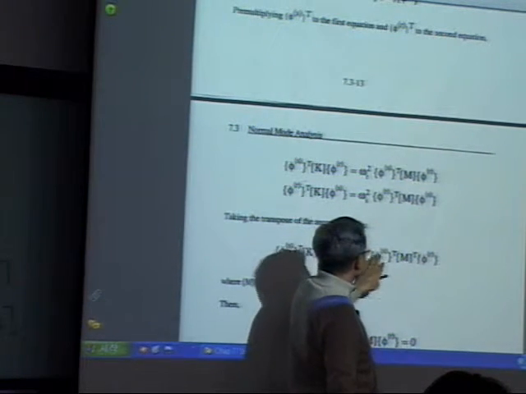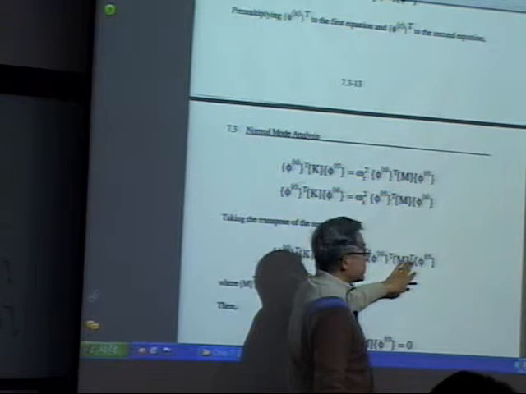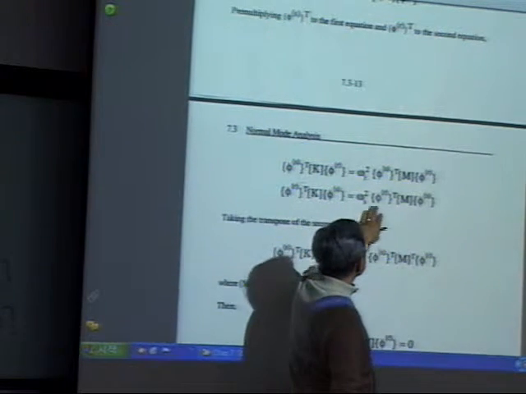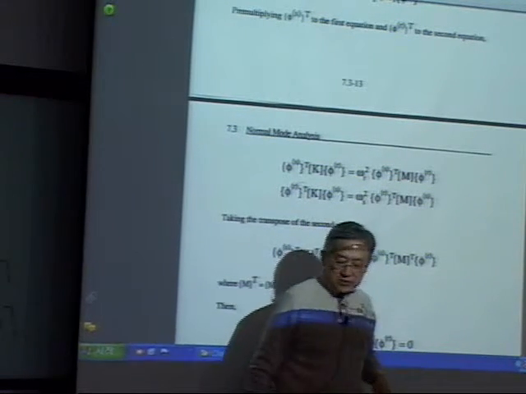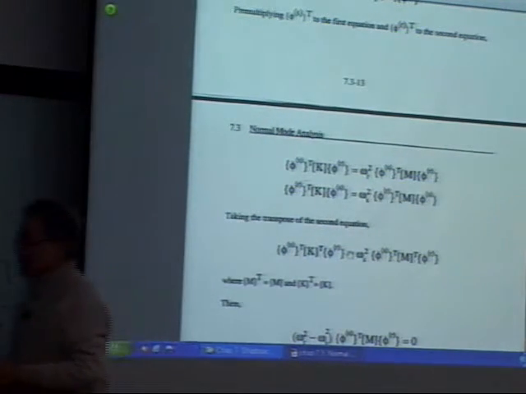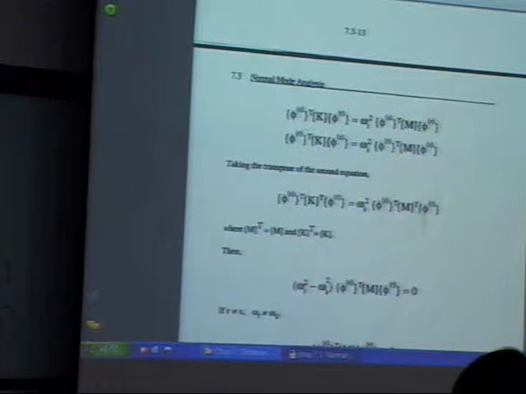This guy transposed, the mass is the same whether transposed or not, and this guy is right here, transpose of transpose. Okay, so that one is there.